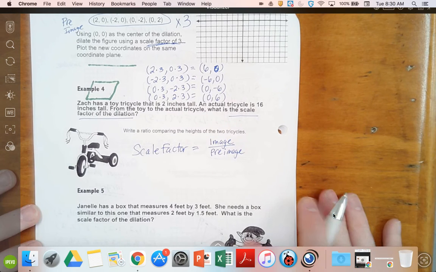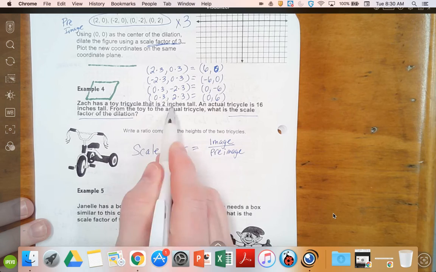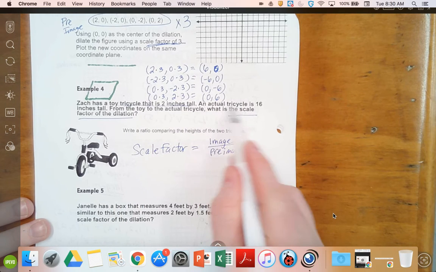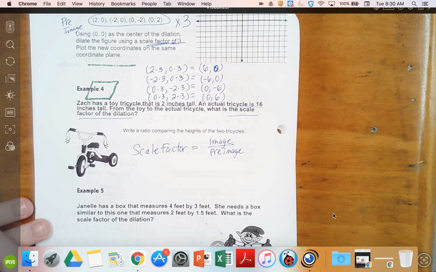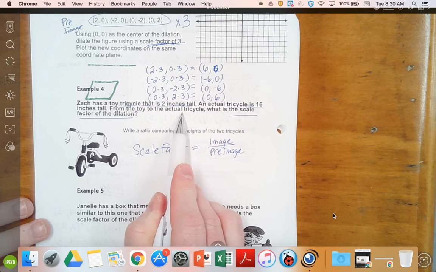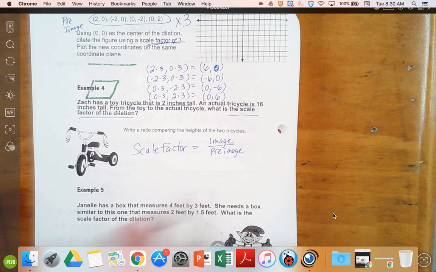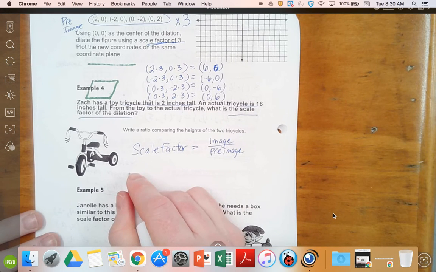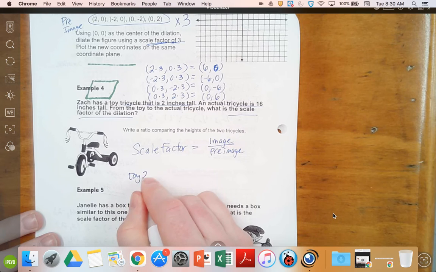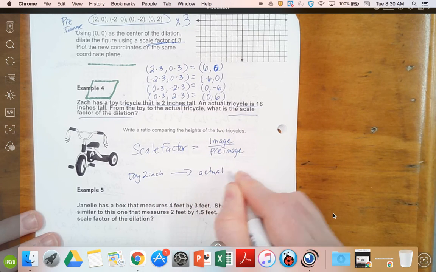Okay, so I have a toy that's 2 inches tall, and actual is 16 inches tall. If I go from the toy to the tricycle, what is the scale factor? So you're going from the toy to the tricycle. So you're taking the toy that's 2 inches, and you're going to the actual toy, which is 16 inches.